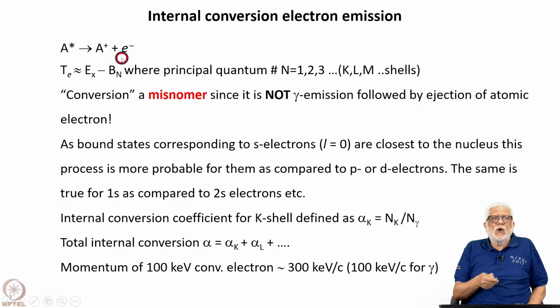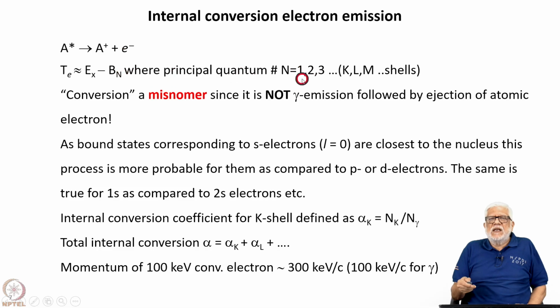If you have an excited nucleus, it can decay to a lower excited state with the emission of an electron. This is called the conversion electron, and its energy is given by the excitation energy, E_i minus E_f, minus the binding energy of this electron.